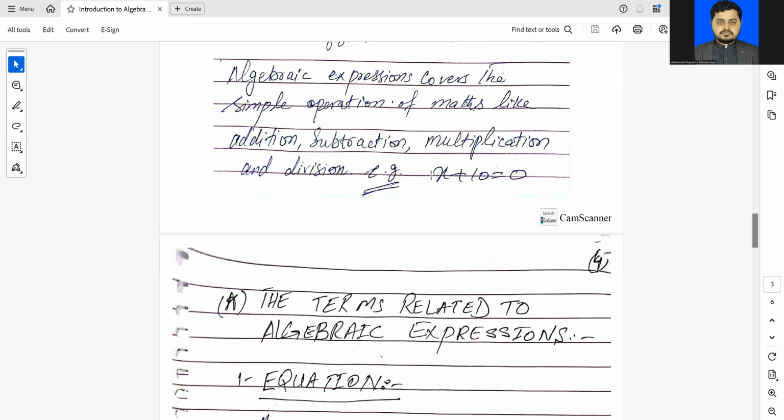Also, every term is raised to power 1 here. So due to this highest power 1, we say this equation is a linear equation, and it involves only one variable, so we can say this is a linear equation having only one variable.